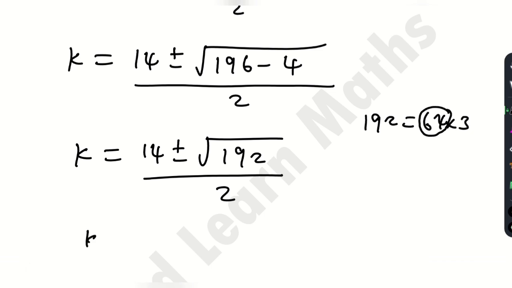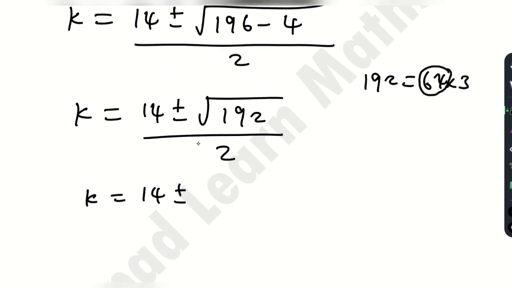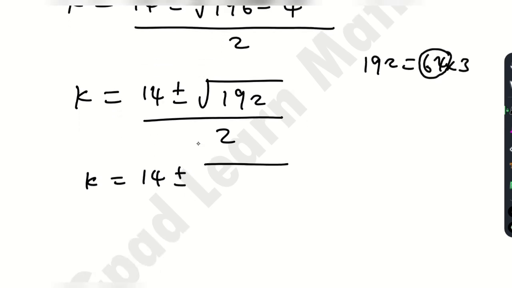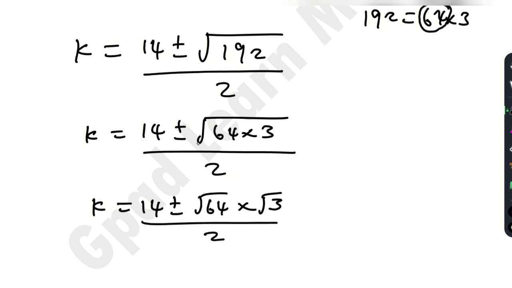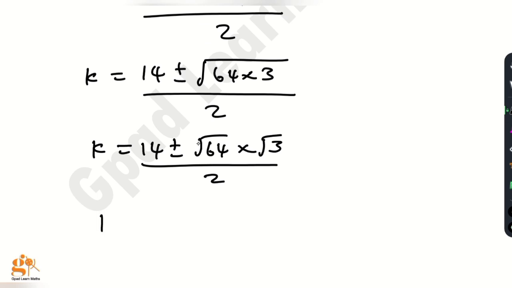Okay, so k will be equal to 14 plus or minus the square root of 64 times 3, all divided by 2. And to hasten things up, k is equal to 14 plus or minus, I can rewrite this like this, square root of 64 times square root of 3, all divided by 2. Then here k is equal to 14 plus or minus, what is the square root of 64? Isn't that 8?